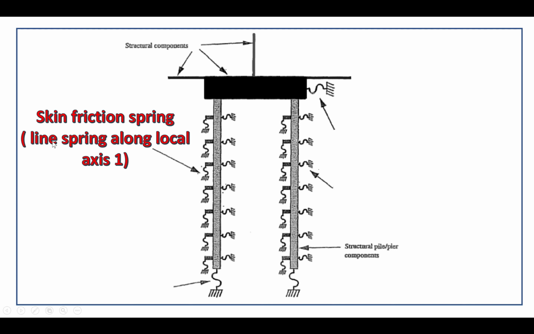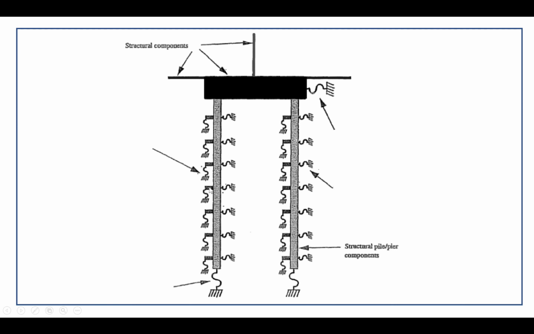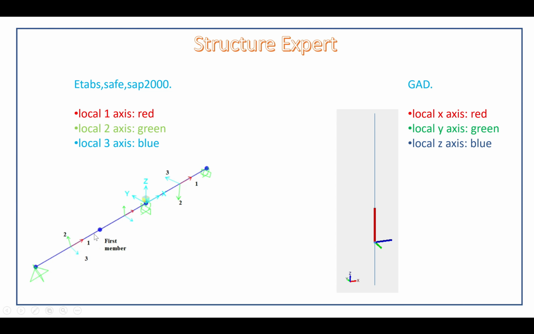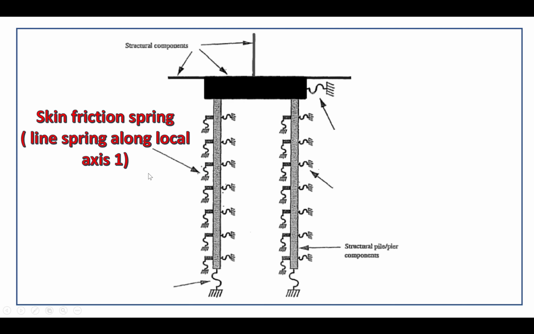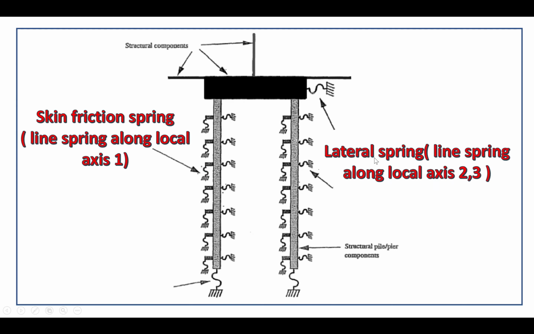The skin friction, we can apply as a line spring along local axis 1. You can check the slide about the local axis of the member. In this one we apply along local axis 1, and this spring we call the lateral spring. We also apply line springs along local axes 2 and 3.